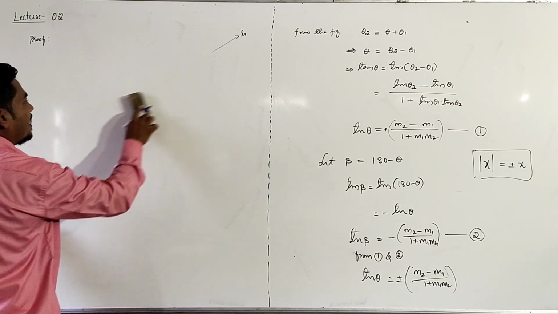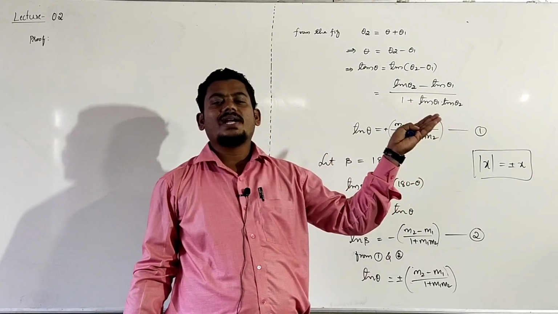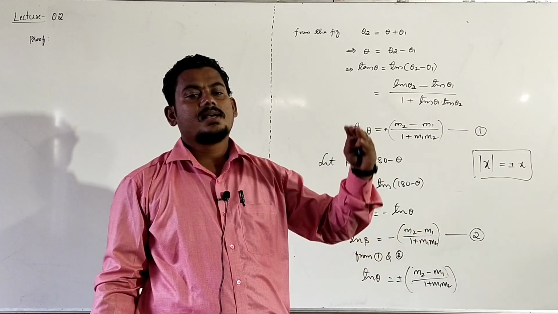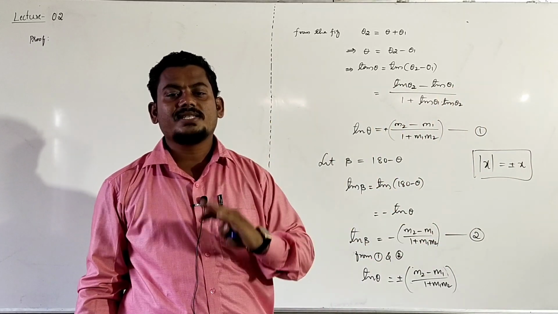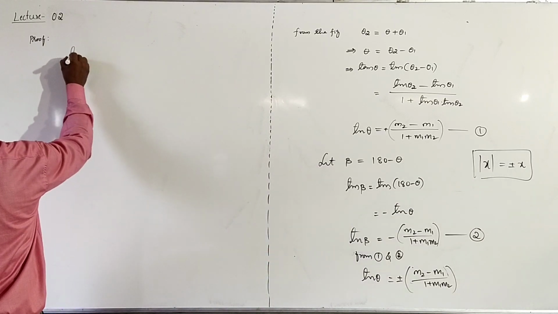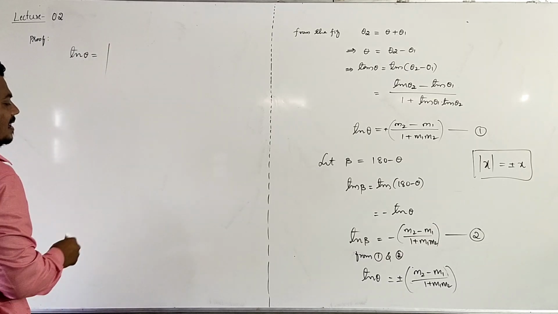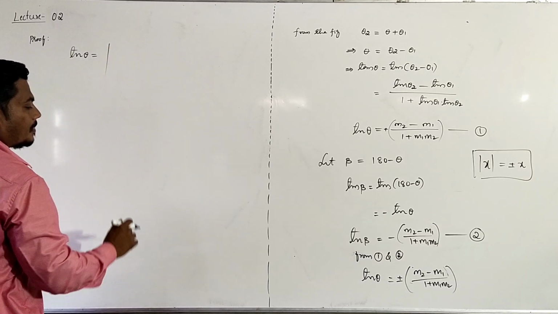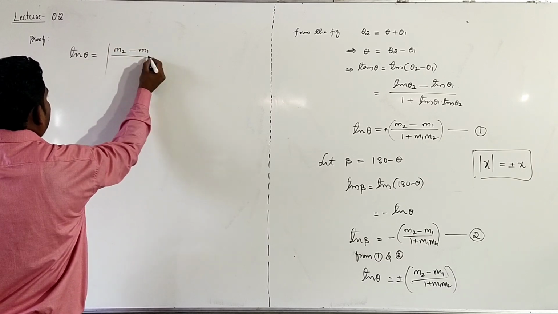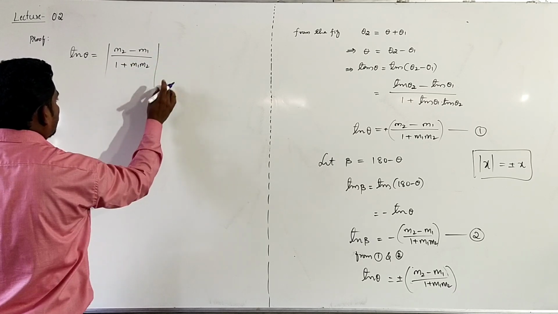Instead of that plus or minus sign, I will take mod, because modulus of x is nothing but for all positive real numbers mod x is equal to plus x, for all negative real numbers mod x is minus x, right? So instead of that plus or minus sign, I will write tan theta is equal to mod of m2 minus m1 divided by 1 plus m1 into m2.